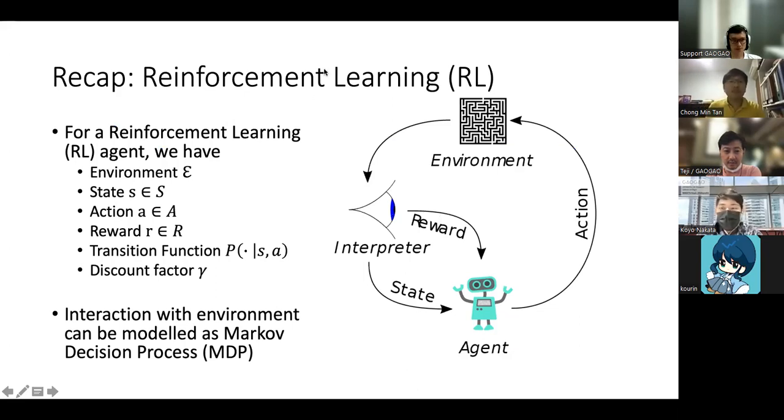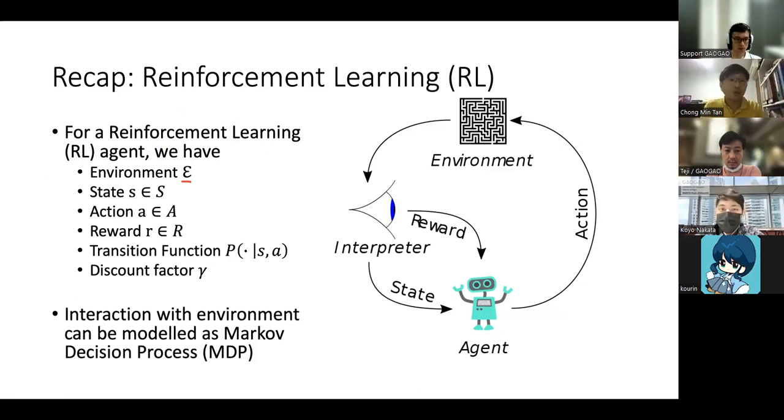Now we have a very weird symbol for our environment. You can treat your environment like an Atari game, like Breakout or the Space Invaders you saw on the previous slide. You take the environment and you give it an action, and the environment will then give you the next output state, the next picture you will see.